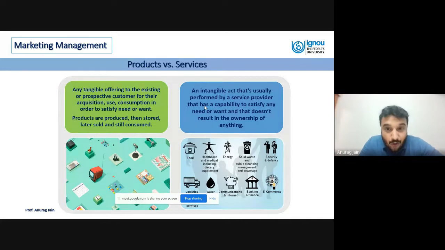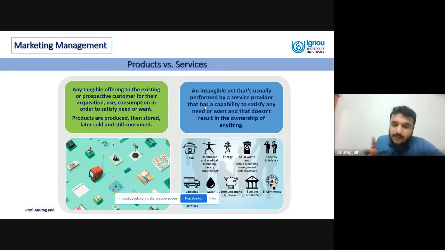You have to get the service at the time when the person is ready to provide it, and you cannot store it for a later point in time. And you cannot say, I have paid ₹1,000 fee to that doctor, so now I am owning that doctor. This doesn't happen in services. But in the case of products, you can have ownership, and that is the major underlying difference between products and services. And that is the biggest reason, like whatever approaches we were talking about so far.